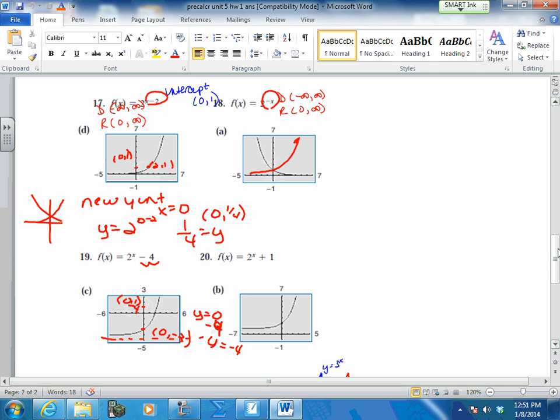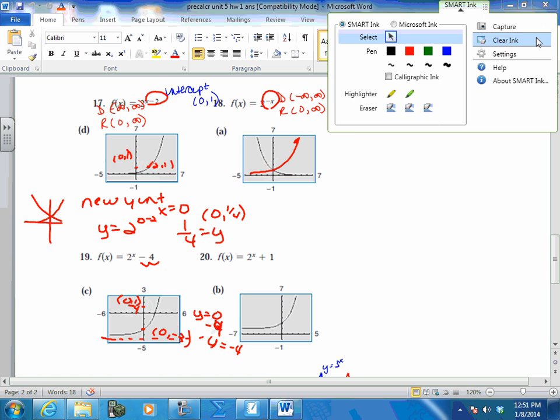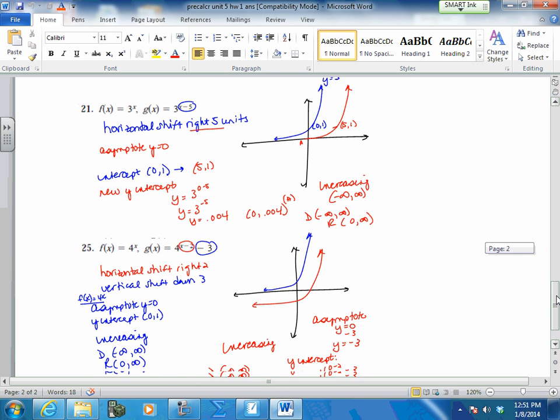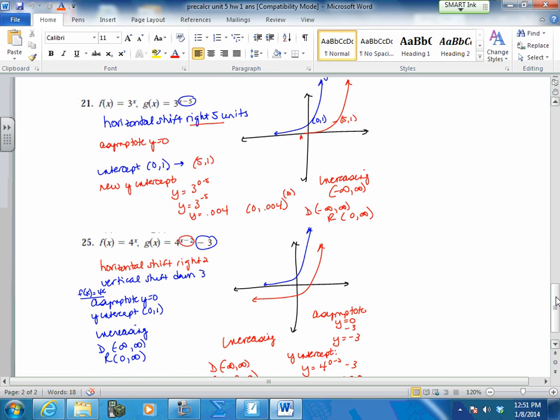The last two, probably again I wasn't too clear, or maybe you were talking, but you had to go find some of the transformations. They said, here's my core, my parent, and I'm going horizontally 5 to the right. So I can start with the 0.01, add my 5.